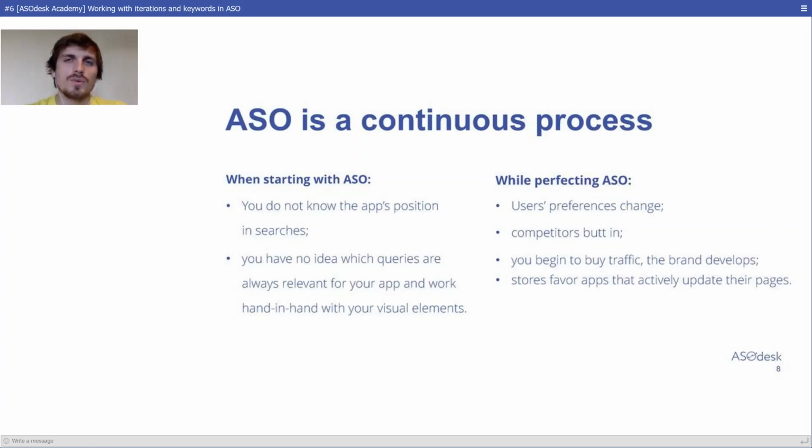What would be the relevancy and the conversion rate of the keywords fitness, workout at home, and just workout, etc.? We need to understand which of these queries are relevant for us, and what their relevancy is for the different visual elements we are using on the store, which means the icon and the screenshots.